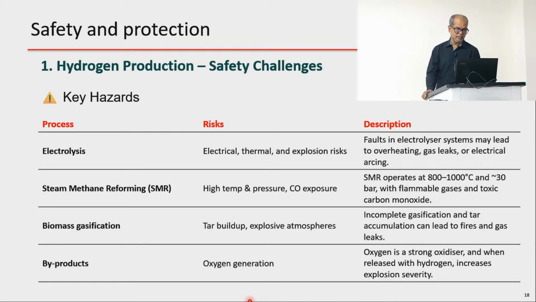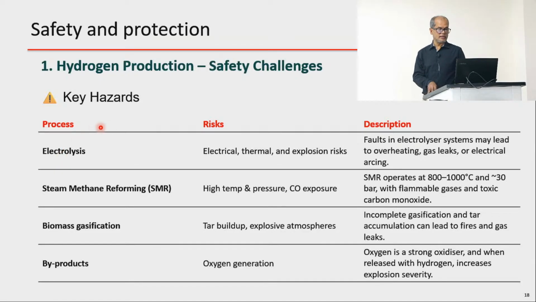And here, if you think about hydrogen production, these are a few processes. We already explained a number of processes you can use while producing hydrogen, and as usual the electrolysis, which we said is one of the widely utilized methods that will be coming in the future, although not now.